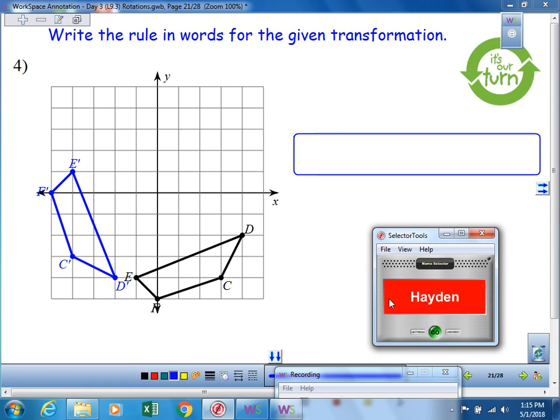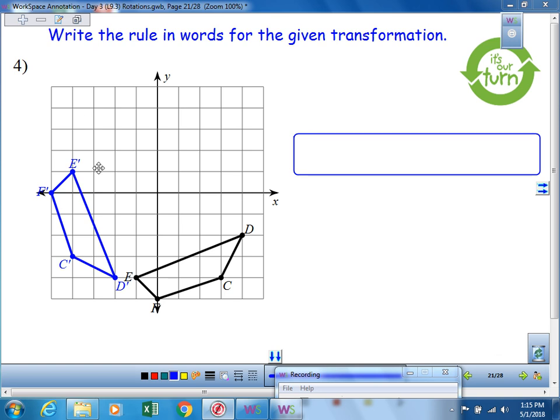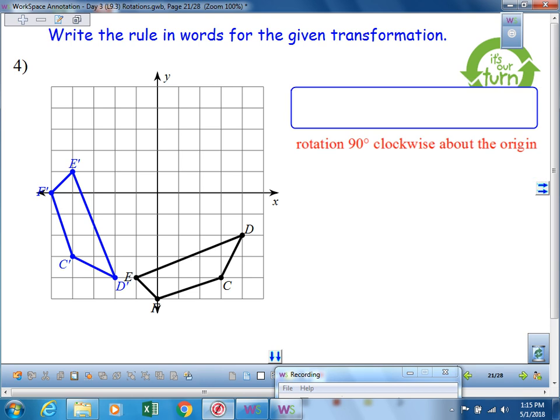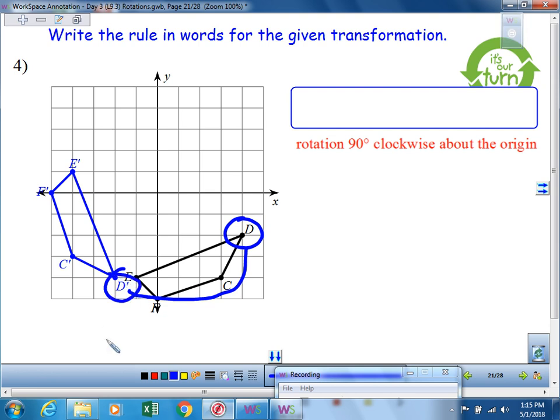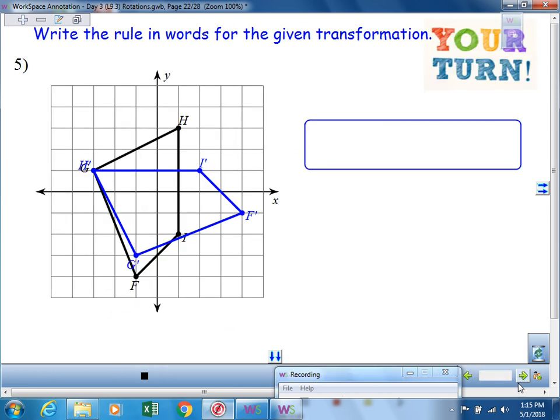Hayden, what'd you get? Yes. Okay, so you start here, go here, 1 quadrant. Okay? Write this one, do this one.